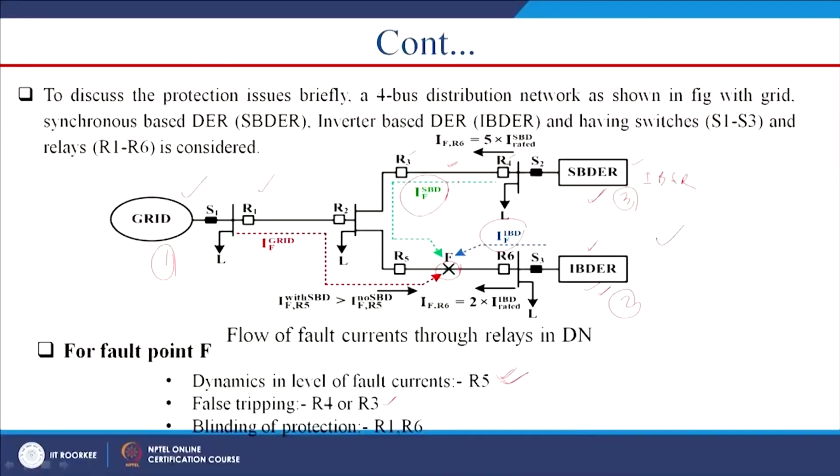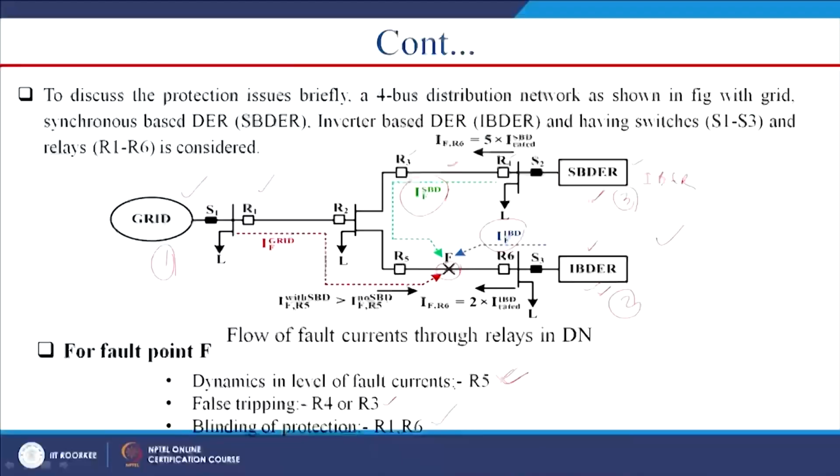That is what I discussed in the previous section, that this is known as fault stripping. Though there is no fault in this section, the current magnitude is higher, which may exceed the setting value of these 2 relays R3 and R4. Therefore, these 2 relays should be embedded with a directional unit along with the overcurrent unit. These 2 relays should be directional overcurrent relays.